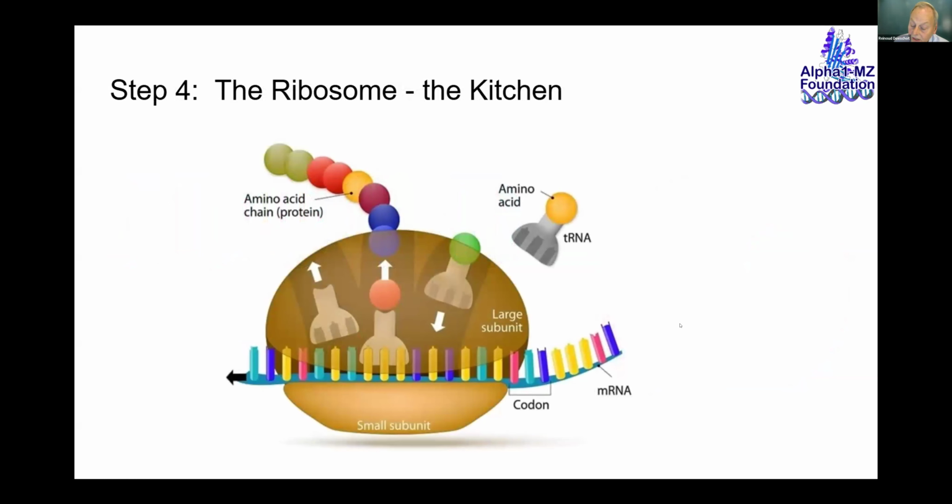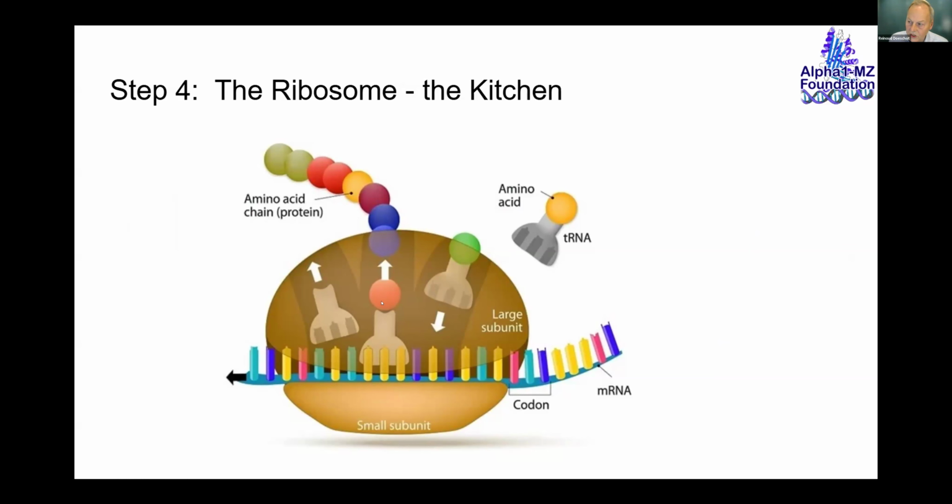In the cytoplasm, you find the ribosomes, tens of millions. A ribosome is the kitchen. There the recipe is being read, codon by codon, the three-letter word. Each codon codes for one of 20 different amino acids. The amino acids are the ingredients of the protein. Here the transfer RNA fetches the amino acid and puts it on the appropriate place on the messenger RNA.